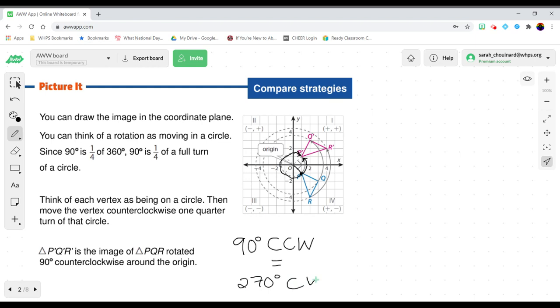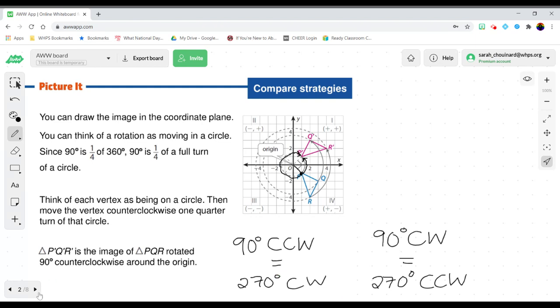And the same is true if we were to go 90 degrees clockwise, that would be the same exact thing as going 270 degrees counterclockwise. So just keep in mind that these movements are all equal to each other.